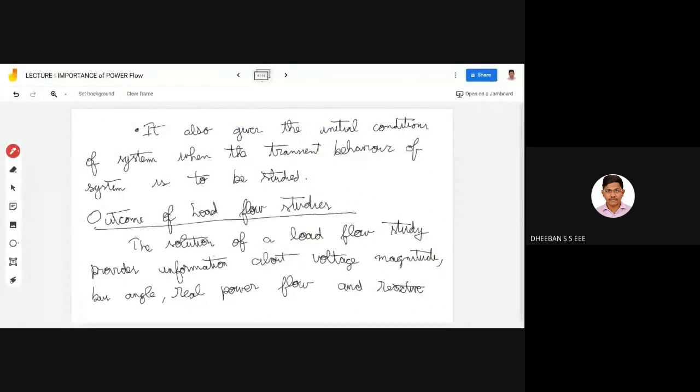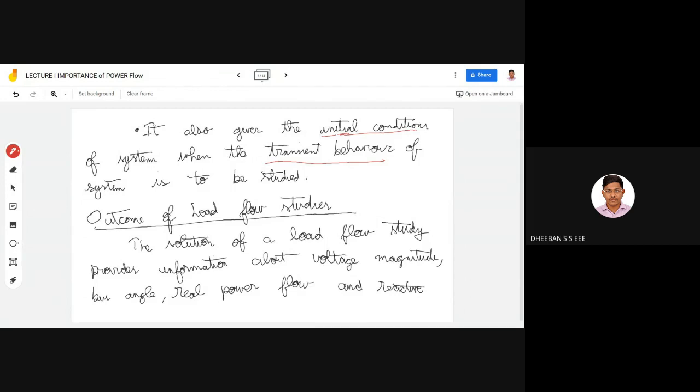It also gives the initial conditions of the system, so you can infer the initial base conditions from your load flow studies for the period of transient condition behavior. Next, we'll move to the outcome of the load flow studies.